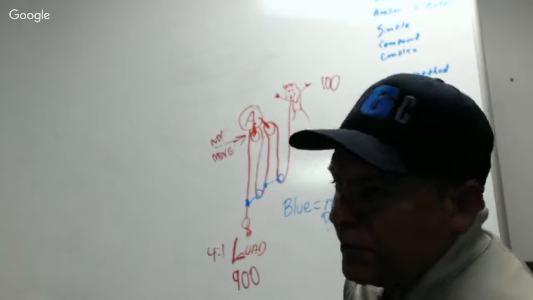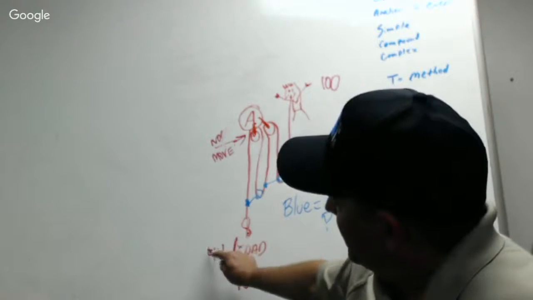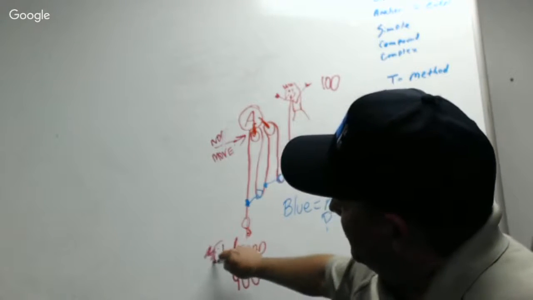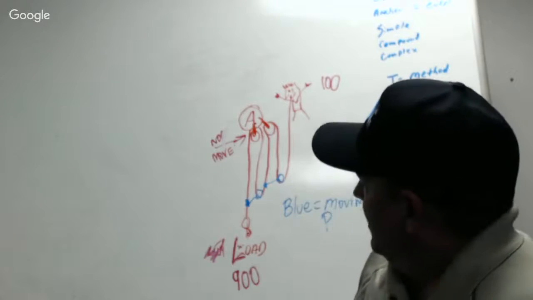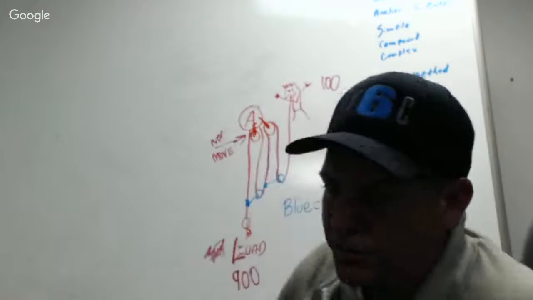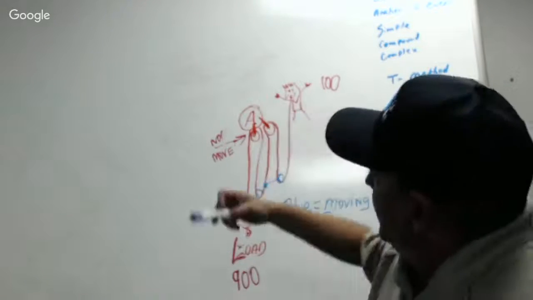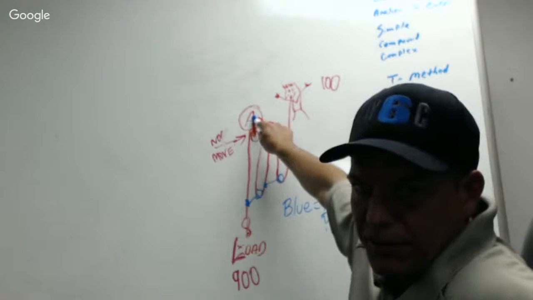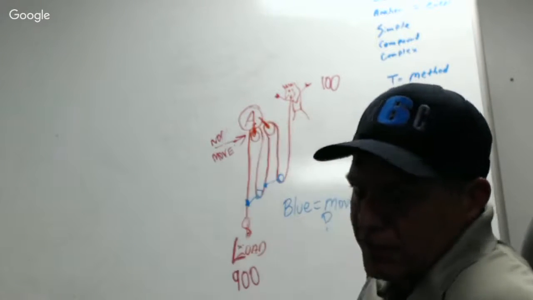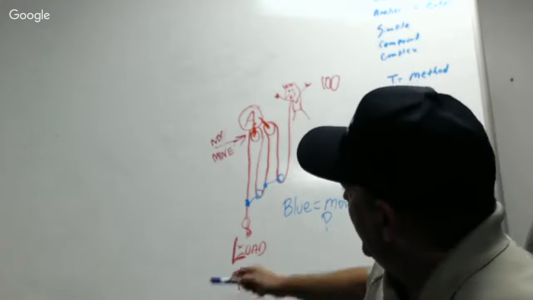At the load you should have odd numbers. 4 is not an odd number, so that answer is wrong. But when the knot is tied off to the anchor, then you're going to end up with your even numbers, your 2, 4, 6s, stuff like that.